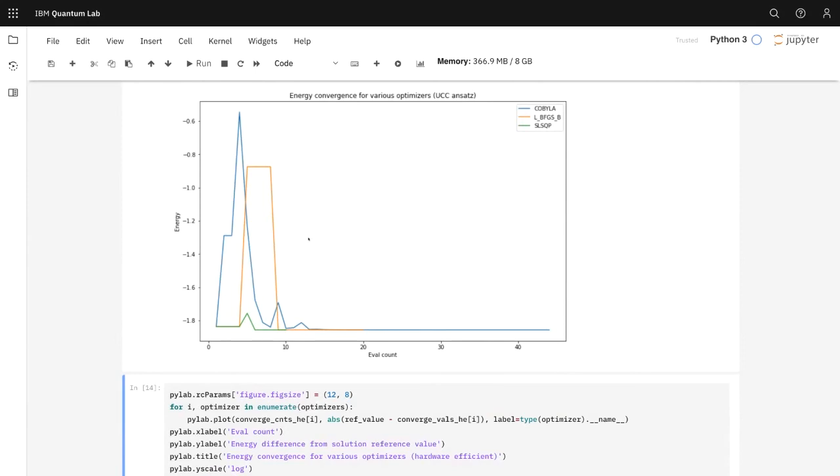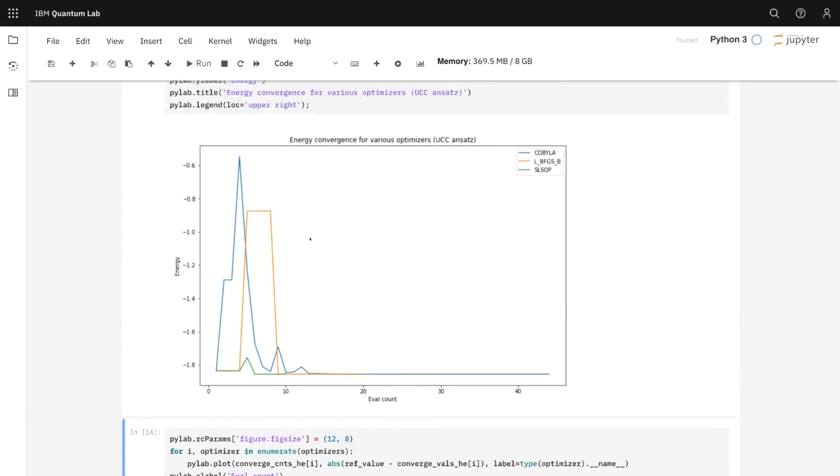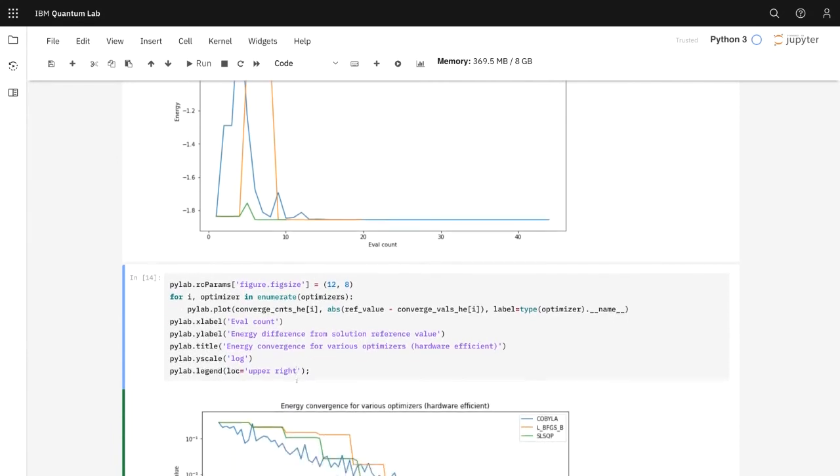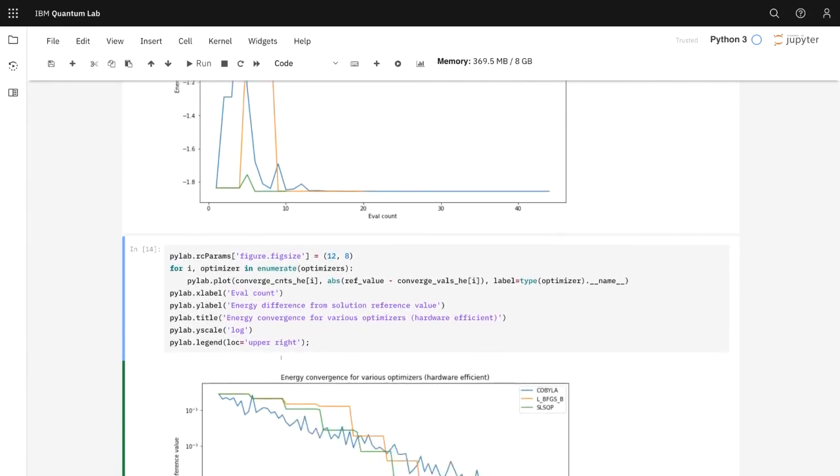So here, the most noticeable thing is that everything is converged much faster, which is not a surprise. It has fewer parameters to optimize, and they get similar performance.